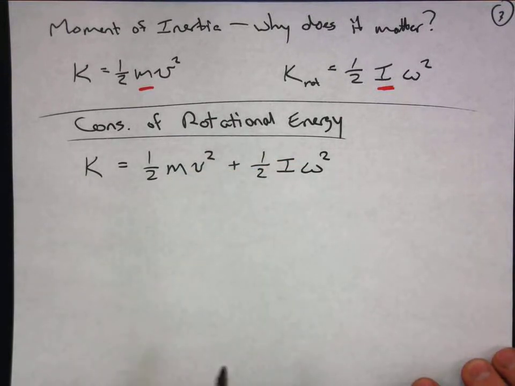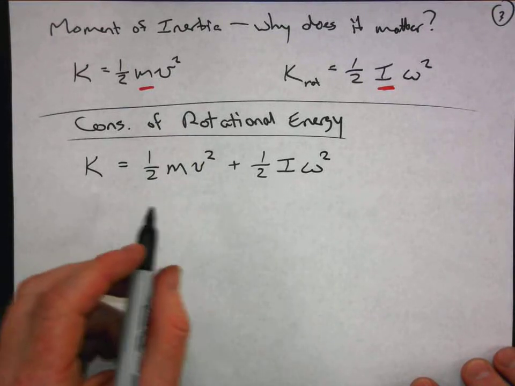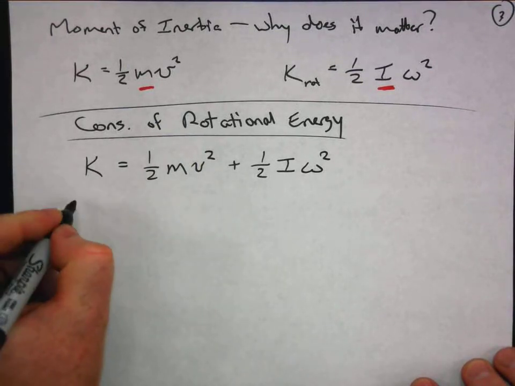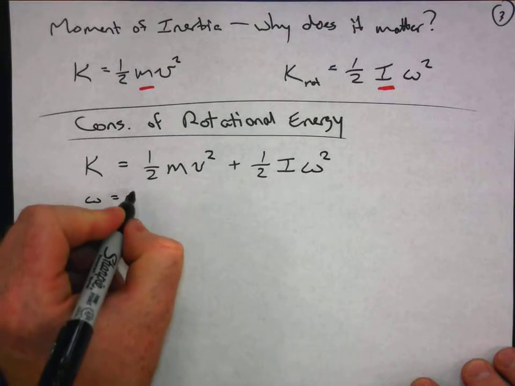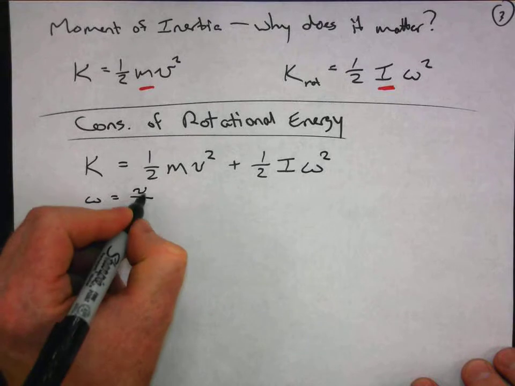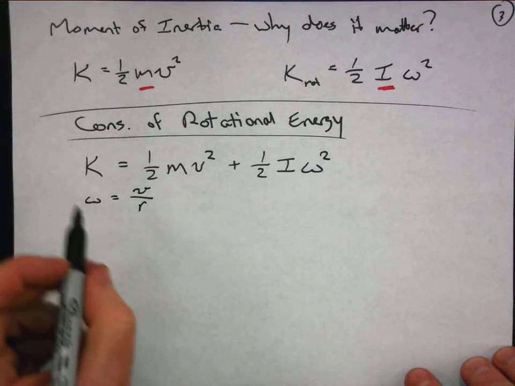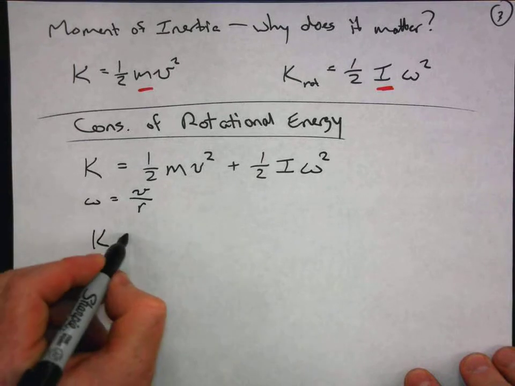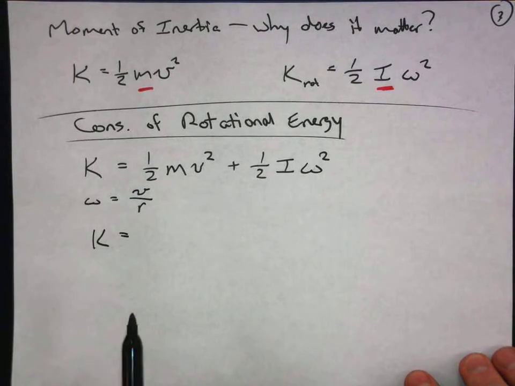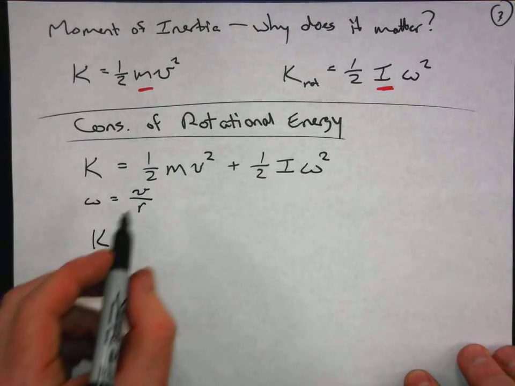It's just the sum of the two. Now we can substitute in for omega, for angular velocity. Well, that's just velocity divided by radius. So a quick substitution here, and we start to reduce the number of different variables in the equation.